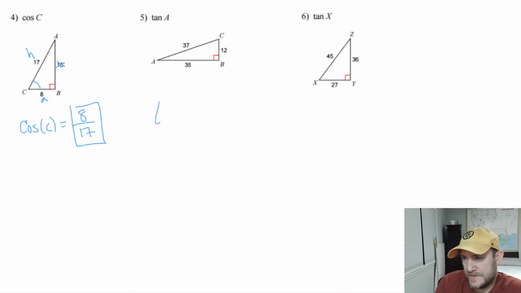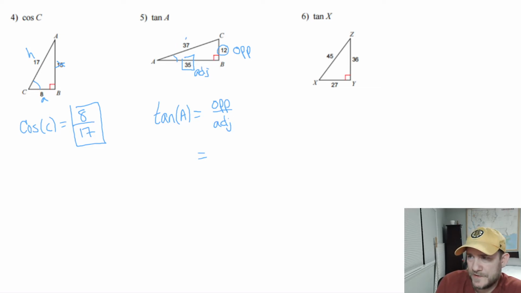For tangent of A, we're switching functions. We're not talking cosine, we're talking tangent. So this is going to be opposite over adjacent now for tangent. And we're talking about being opposite from A, so that's the 12. That's opposite. Then we want to be adjacent to A. That's this guy. That's adjacent.